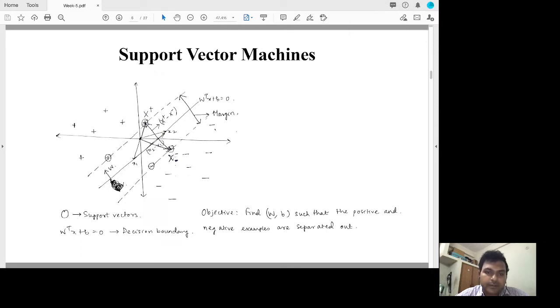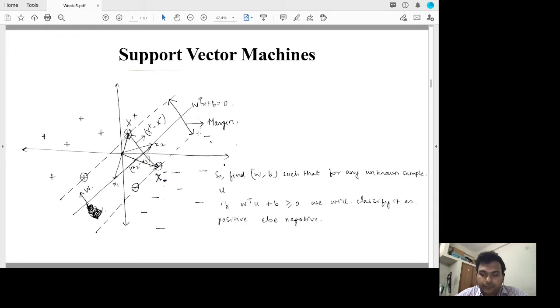So how do you define the margin? You get the support vectors for the two classes and you take the distance between them, along the W direction, and you get the margin between the two support vectors. This is the margin that you want to increase because you are out to find a maximum margin classifier.